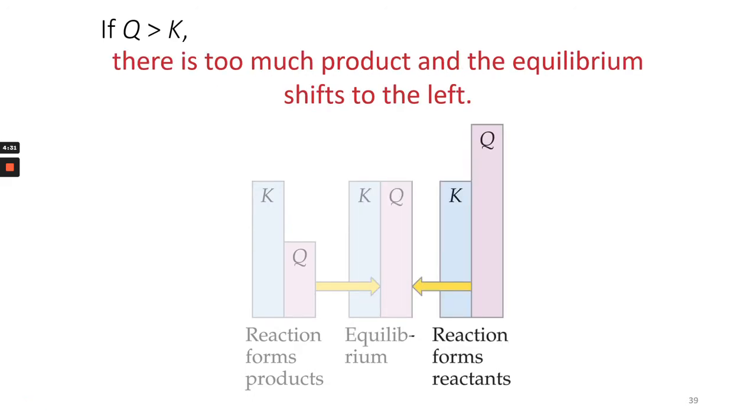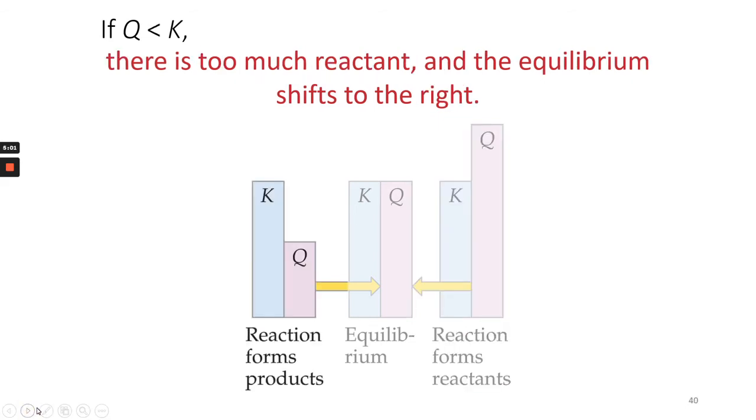If Q is greater than K, then you have too much product. And how do you get rid of product? You move away from it. So you're going to shift to the left to make more reactants. Here, Q is too large, so you need to shift towards the reactants.